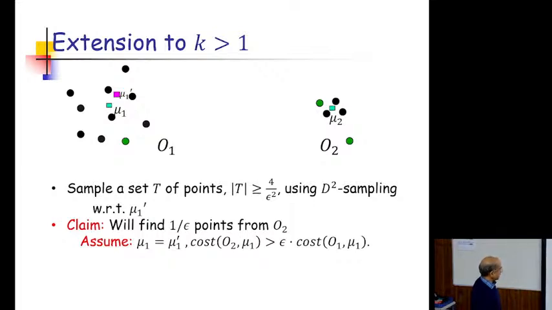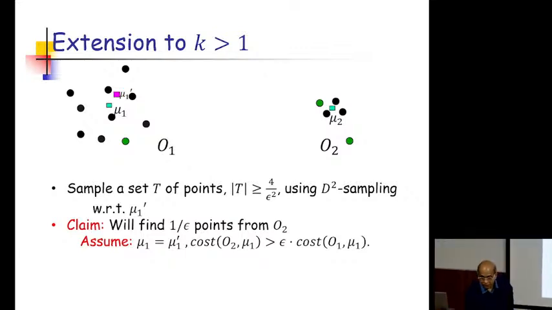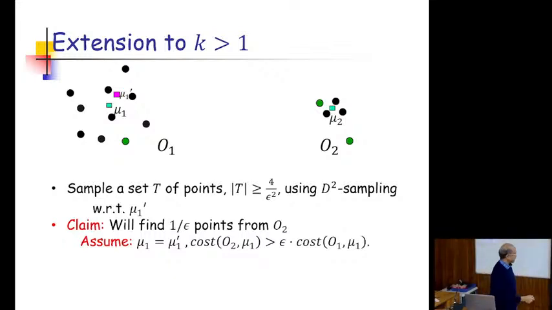Well, the reason is that this is exactly what I assumed. I assumed that the cost of two means was much smaller than the cost of the one mean solution, which means that if I were to assign all of these points here, it would be very expensive. It is sampling with replacement. The same point can be selected. Yes, all of that was with replacement.